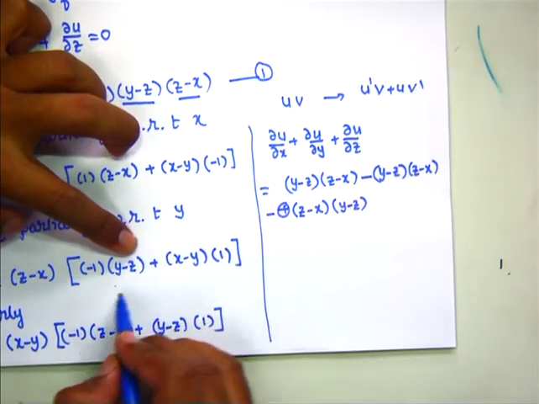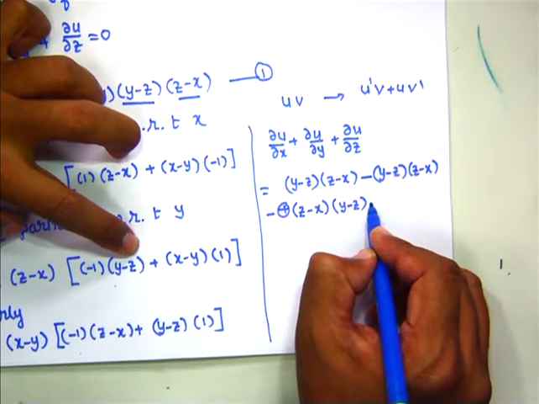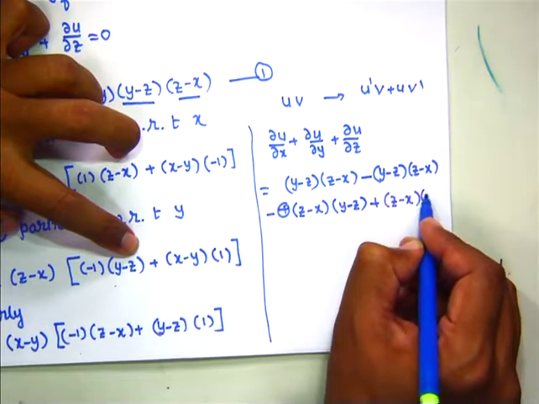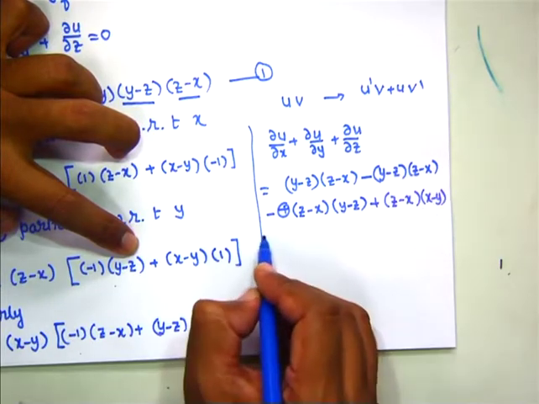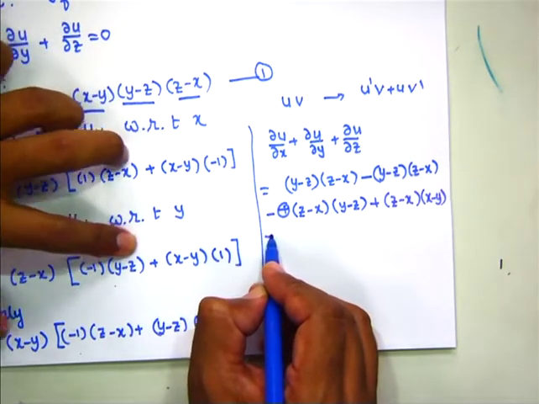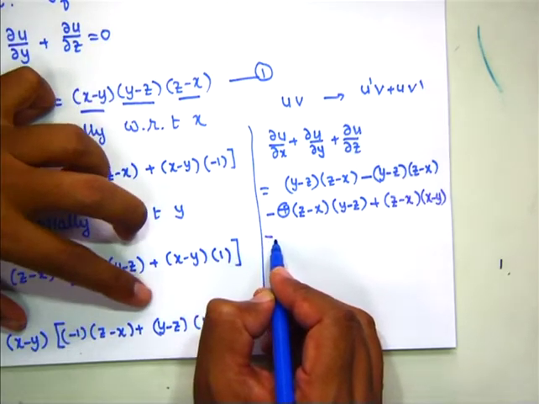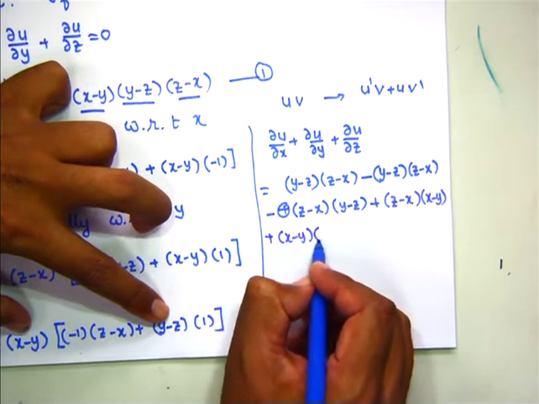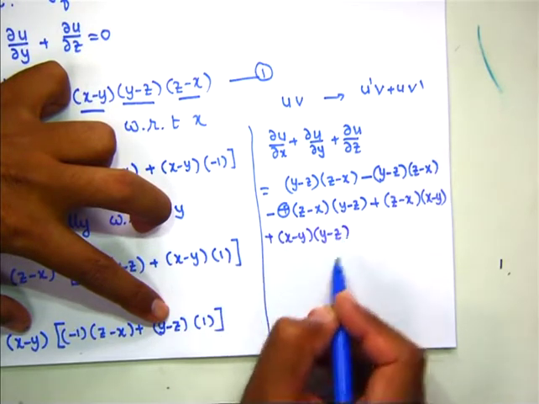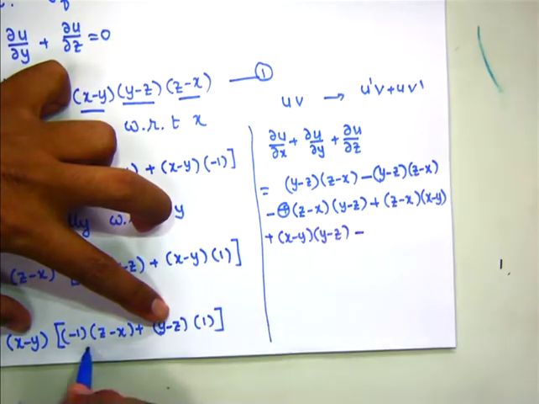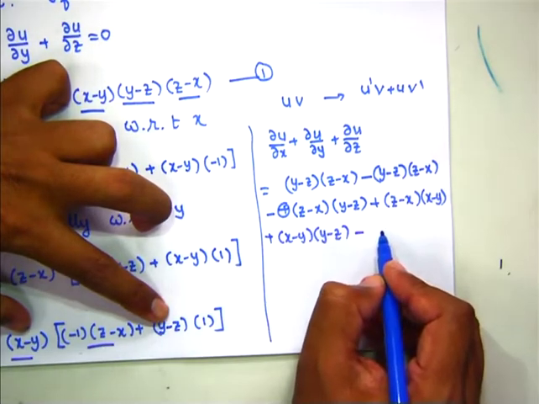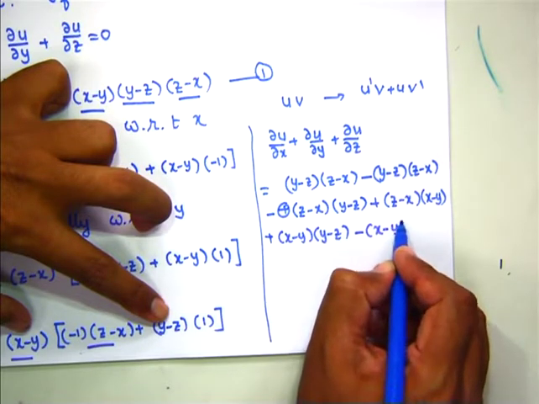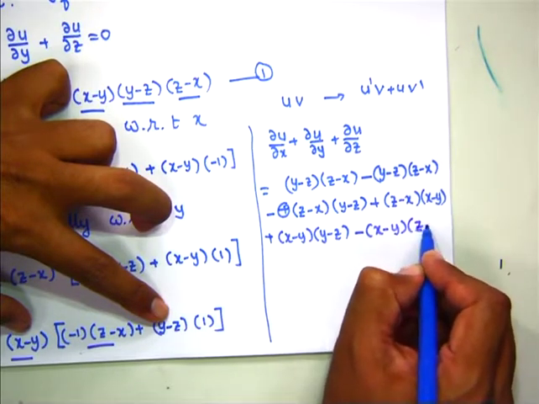So minus, plus z minus x multiplied by x minus y, and the last one plus x minus y multiplied by y minus z, minus. This and this are multiplied, so we get x minus y into z minus x.